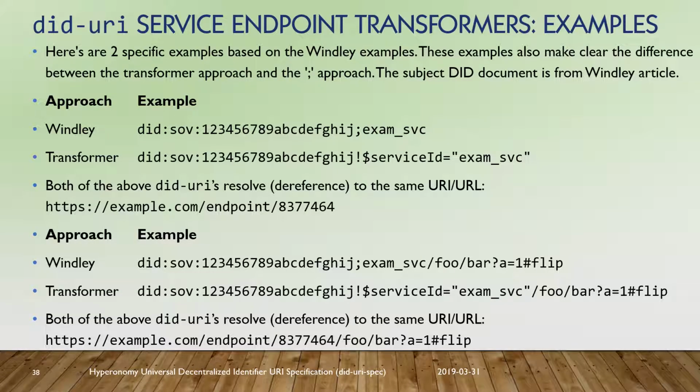So Phil Windley has an article, which I guess I haven't got the URL for, but we'll add it to the slide, and they make clear the difference. We have two sets of examples here.